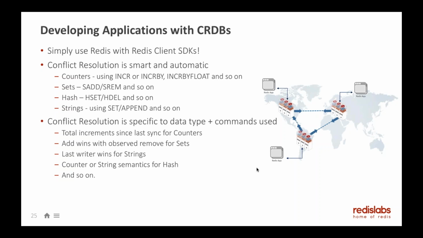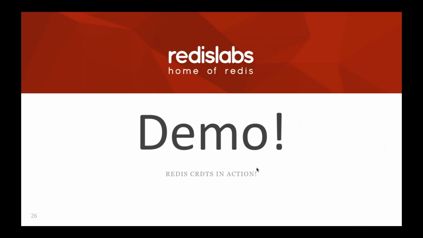And our CRDT replication between these participants takes these methods, and that's what they replicate in some ways, is the understanding of these methods that you've called, and that's why we can preserve your intentions as we're resolving the conflicts. So that's kind of a high-level application viewpoint of Redis CRDTs.